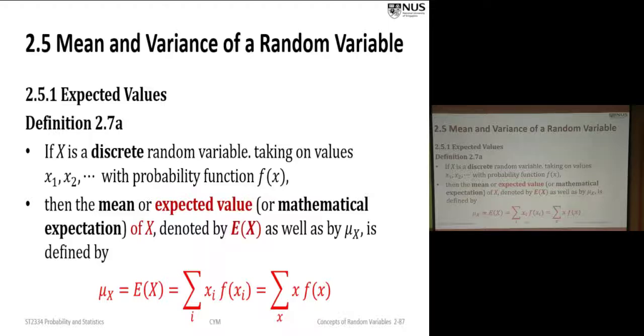So one way is, give me a number. This number will illustrate the center of the distribution, or a very popular region that the random variable takes. So it's sort of a center. All right. So the mean, or the expectation of the random variable, is a quantity that illustrates where the center of the distribution is.